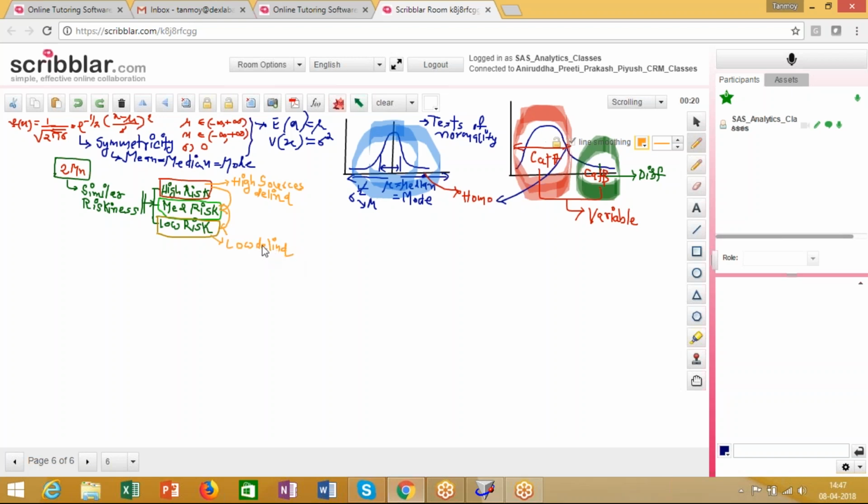So there is a high risk, there is a medium risk, and there is a low risk.